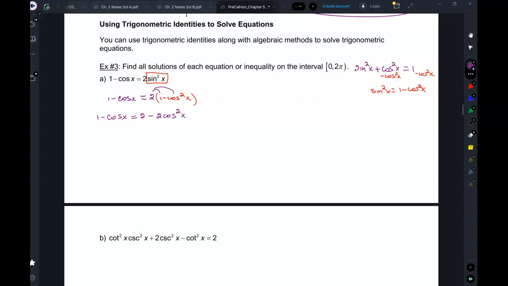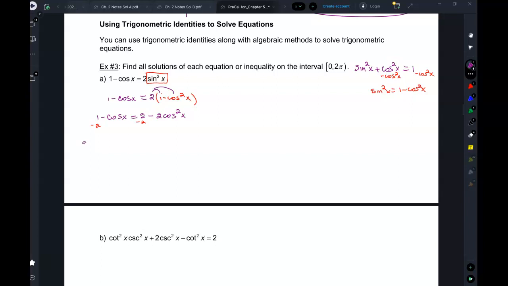Here is where students do all sorts of things. Remember, set everything to 0 and start from there. So let's move everything to the other side, right? So minus 2, minus 2. And then I'm going to also bring the 2 cosine squared to the other side, okay?